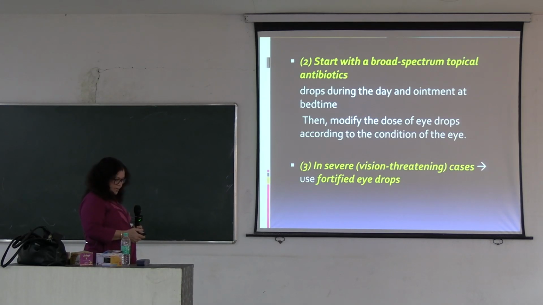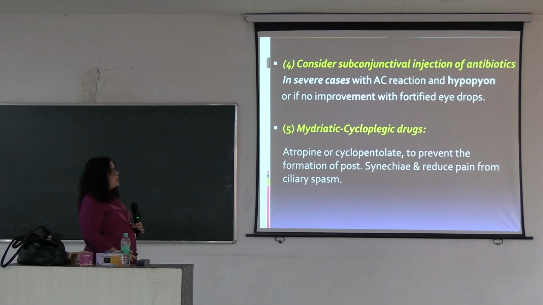In severe cases, we use fortified eye drops. Then subconjunctival injection of antibiotics is also given in case of a hypopyon corneal ulcer if the patient's ulcer is not improved with fortified eye drops.